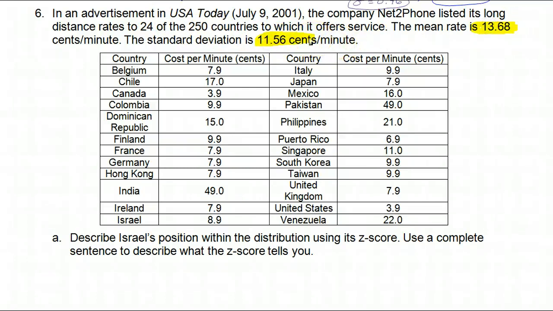Now we want to know about Israel's position within this distribution using its z-score and a complete sentence. So Israel. Where is Israel? Here's Israel at 8.9, and there's the mean right there.